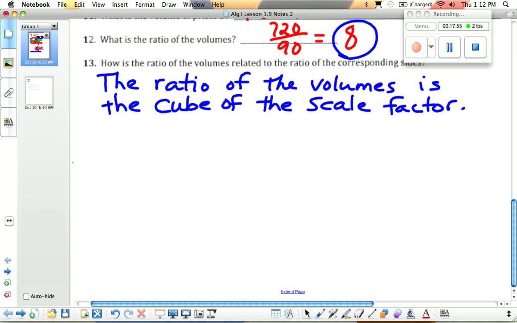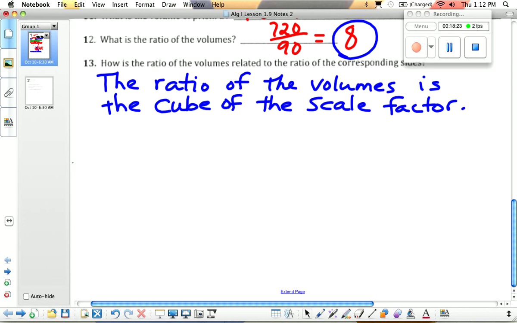Area, length times width. And the ratio of the corresponding sides compared to the ratio of the volumes? It's the cube of the scale factor. If you triple all 3 dimensions, then 3 times 3 times 3, you cube the scale factor.